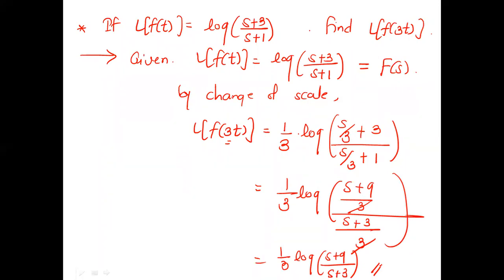Yes, so this is all about property change of scale. If there is any doubt, please ask. If clear, then we can go to the next property. No doubts? Good.